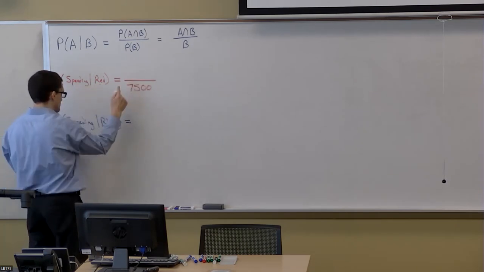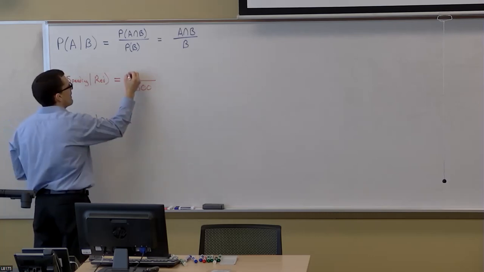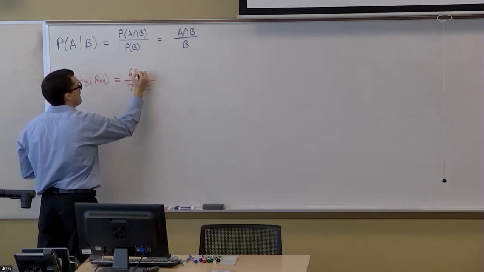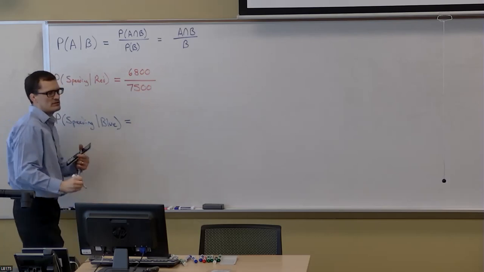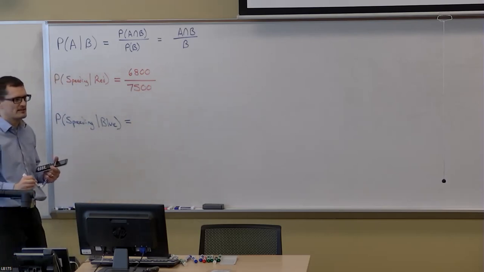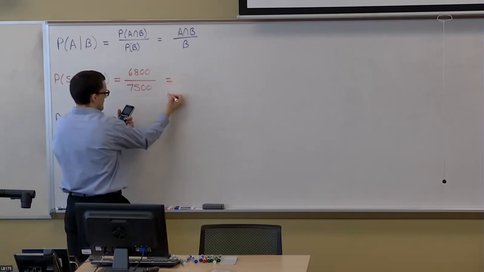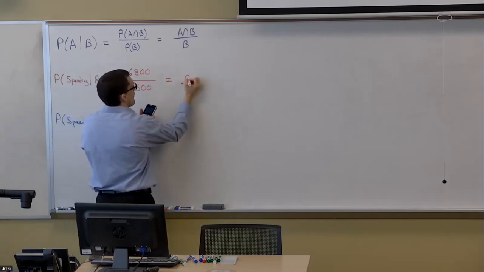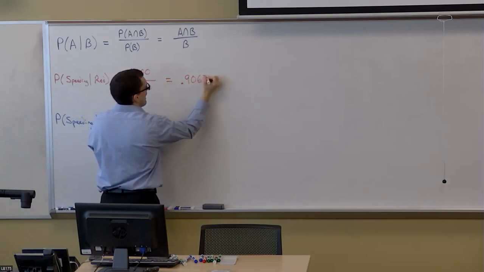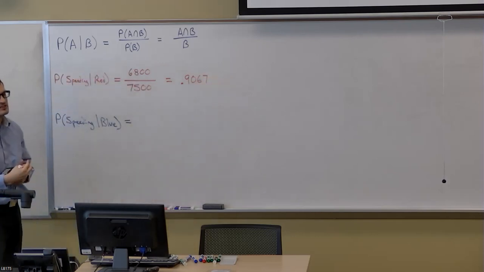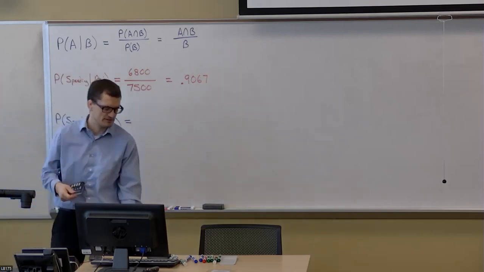So red and speeding. And there were 6,800 red cars who were speeding. Now, as a decimal, that's 0.9067, rounded to 4 spots.